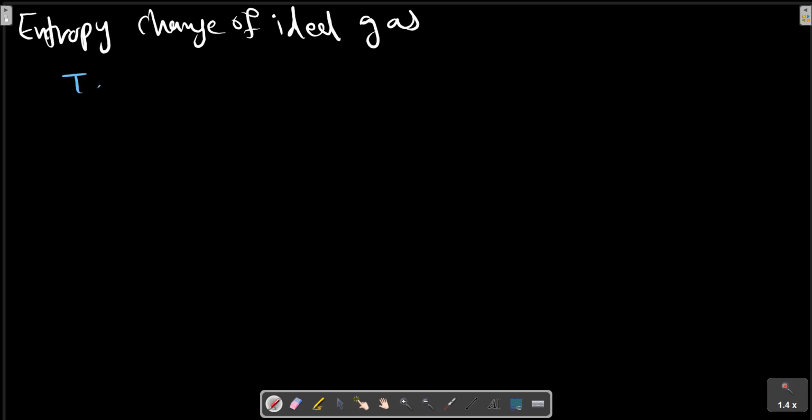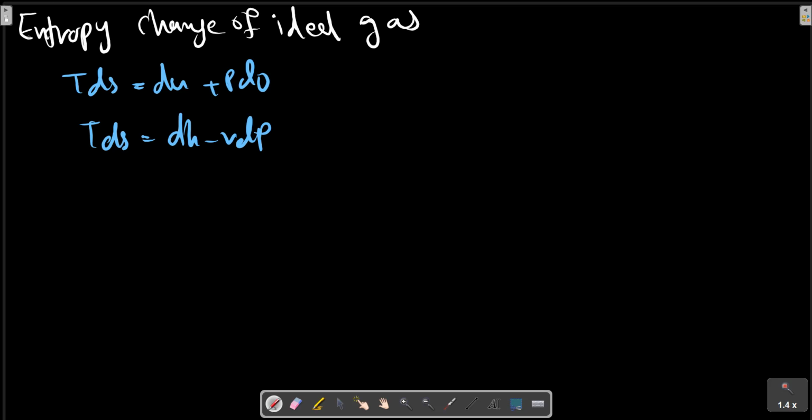This relation was introduced in the previous chapter. It can be developed for an ideal gas.